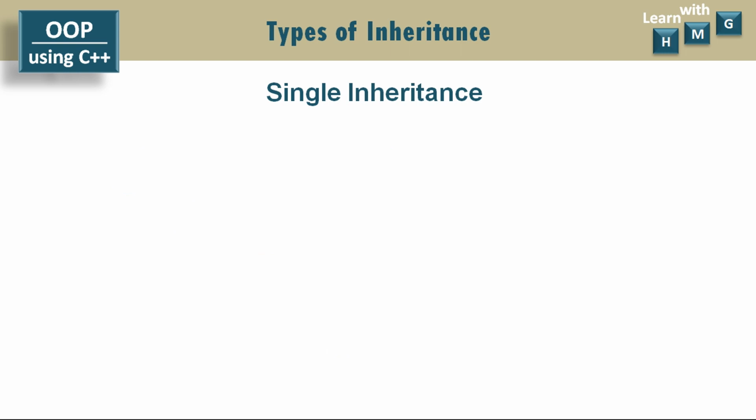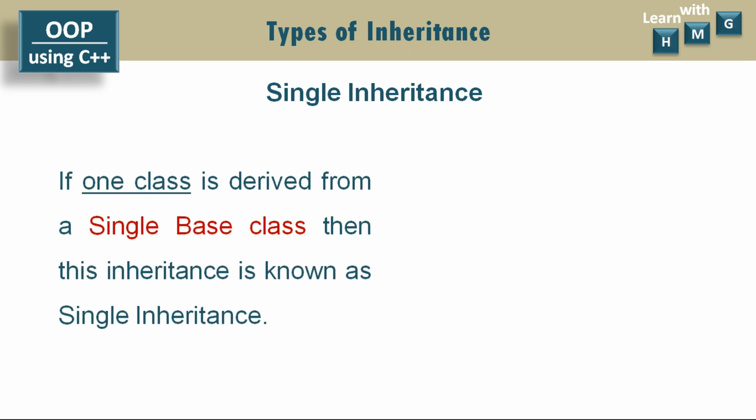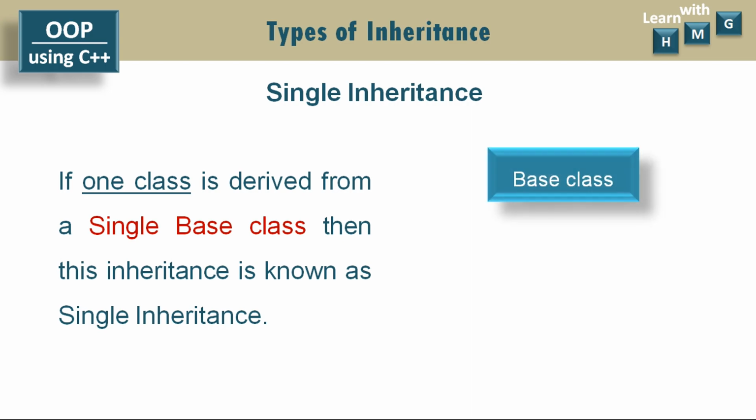Let us learn what is single inheritance. Single inheritance means a single base class. If one class is derived from a single base class, then this inheritance is known as single inheritance. So in this inheritance, the base class should be one. If there is one base class, and from that one base class only one derived class is created, that type of inheritance is known as single inheritance.